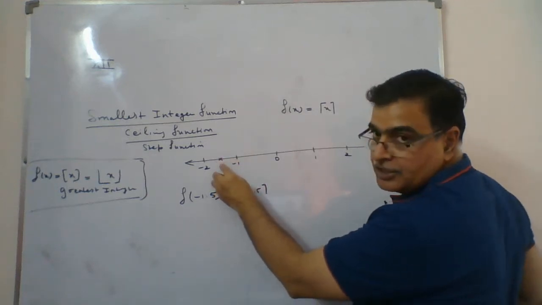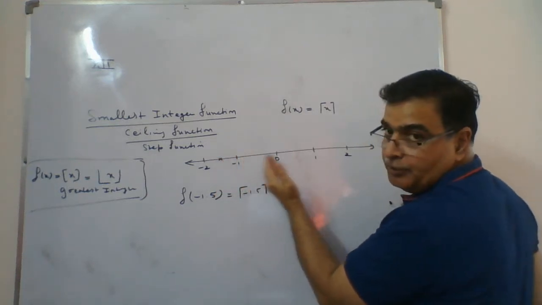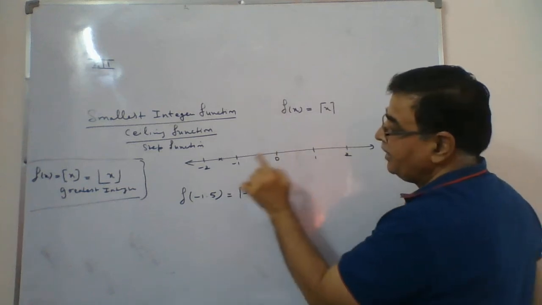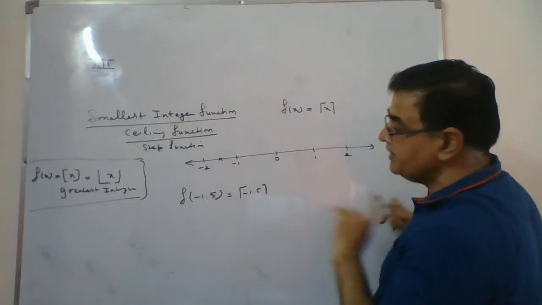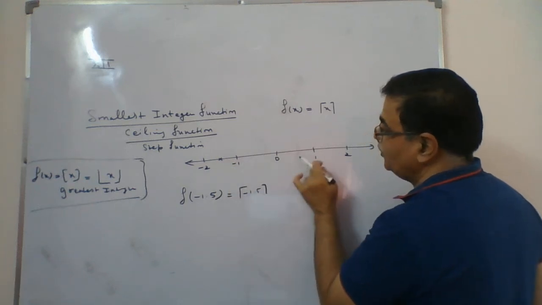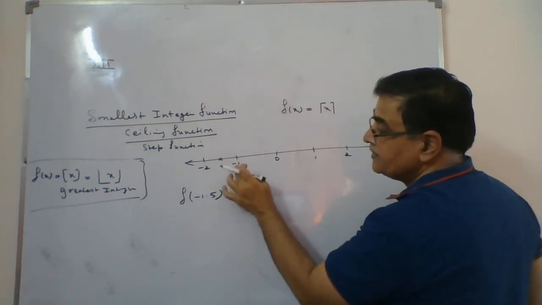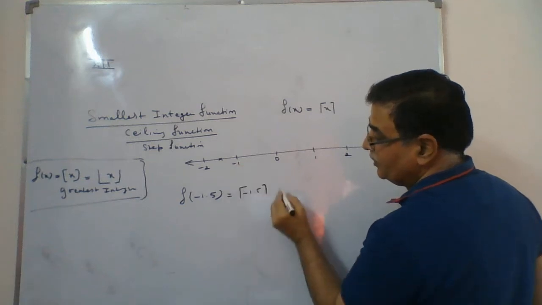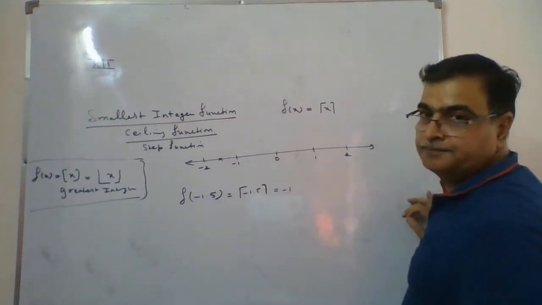Whatever point is given to you, find out how many integers are bigger than that, and among them, whatever is the smallest will be my answer. So here in this case, the integers will be minus 1, 0, 1, 2, and so on. Which is the smallest here? Minus 1. So your answer comes out to be minus 1.